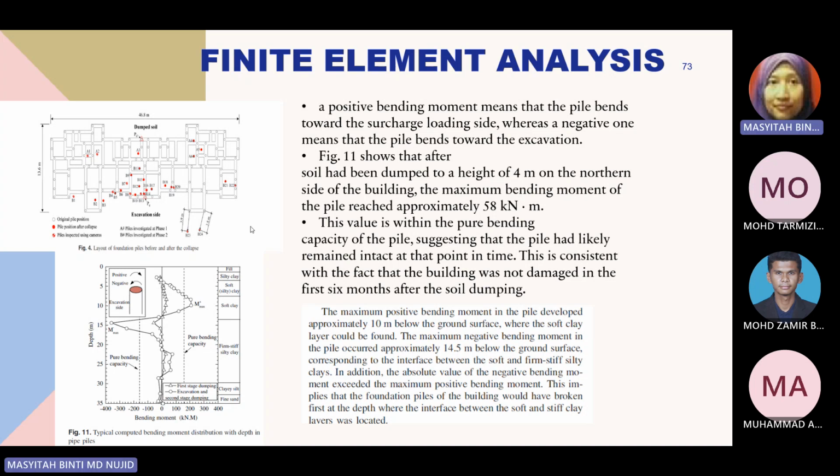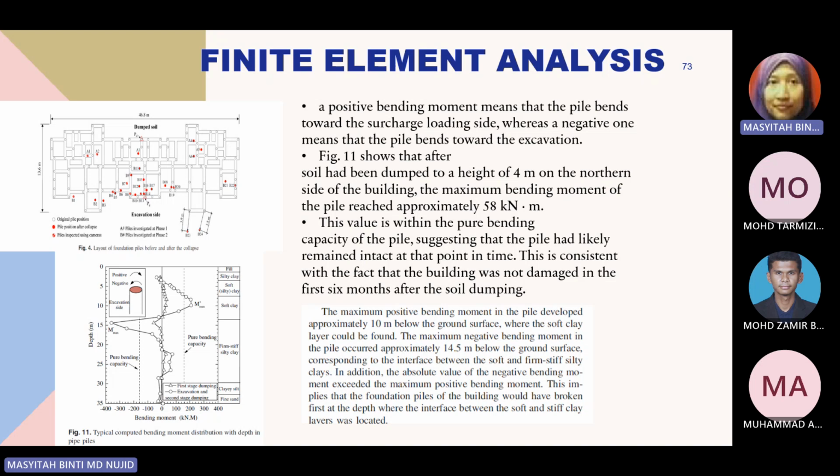Whereas the analysis of the simulations at the bottom of this slide at the left side indicates the maximum moment occurred at the middle section at 10 meters, where the maximum positive bending moment in the pile developed approximately 10 meters below ground surface, where the soft clay layer could be found.